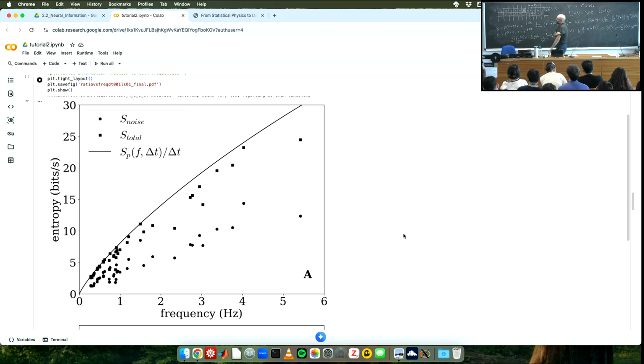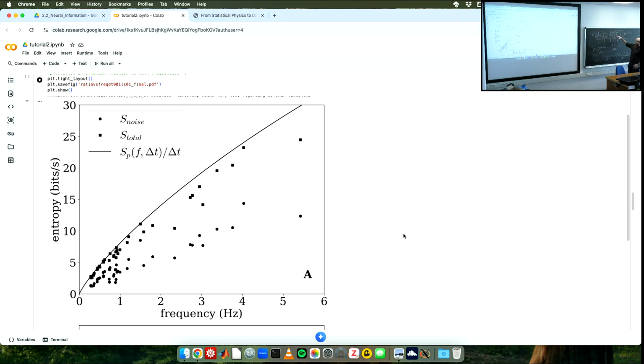And you do a scatter plot of this quantity over the neurons. On the x-axis, you have the frequency of the neuron. So you take the whole table and you count the number of spikes. You divide by the total time and you get the frequency.